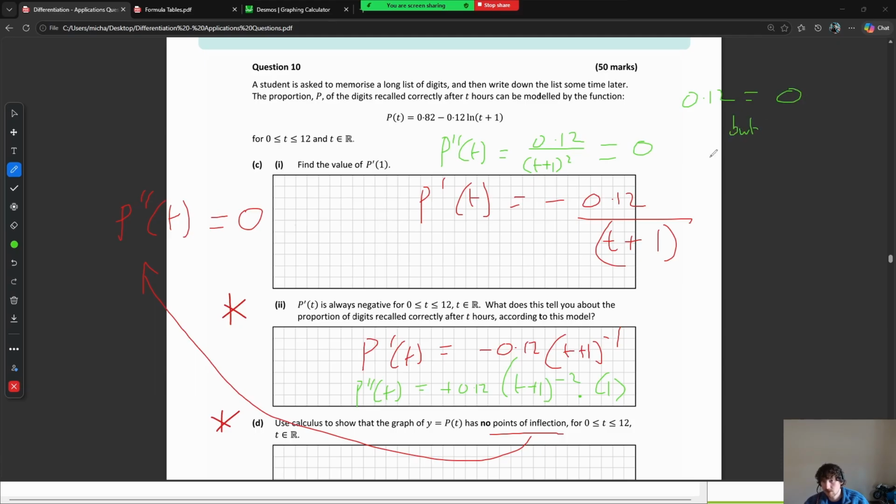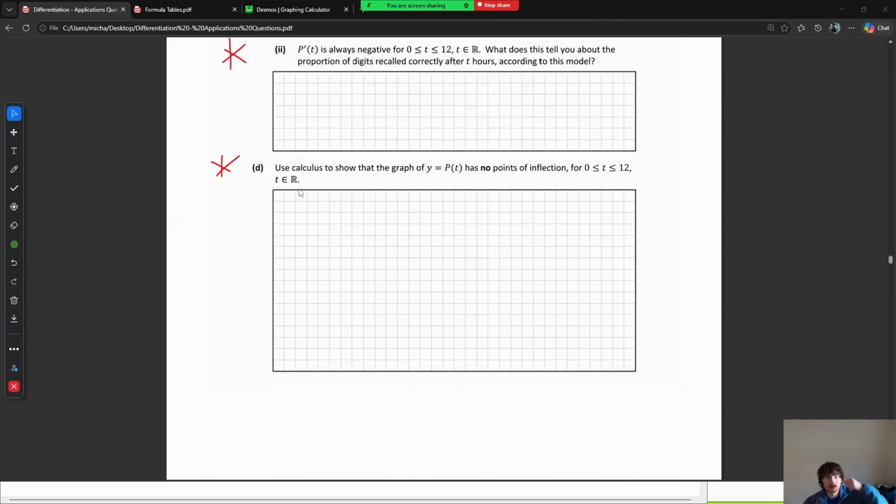But you would just say to the examiner, 0.12 can never equal 0, therefore no solutions can be found, and therefore, three dots meaning therefore, no points of inflection occur. Okay, great. Good revision for people, how that works out.